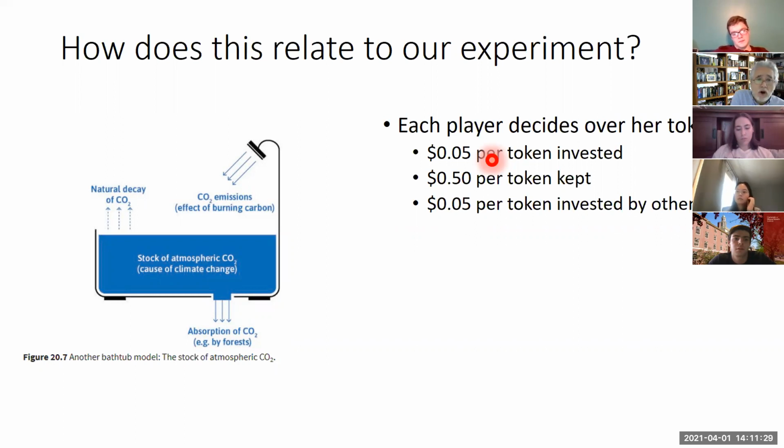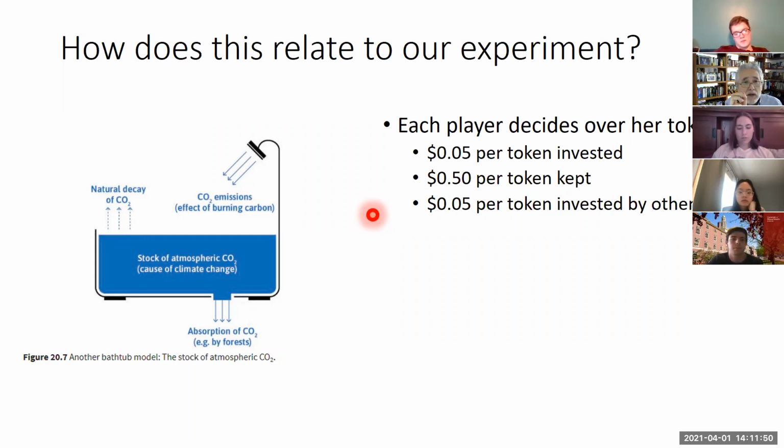The next part of the problem, which makes this tricky and interesting and fascinating, is this third component. Because you have no control, no power over what the other 19 players do in the game.